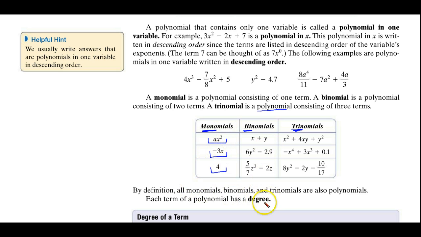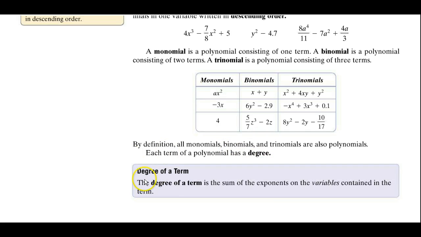Now we also have what is called degree of a term, and by definition the degree of a term is the sum of the exponents on the variables contained in the term. So if you had something like this, 5 to the second x squared y cubed z, this is all one term.